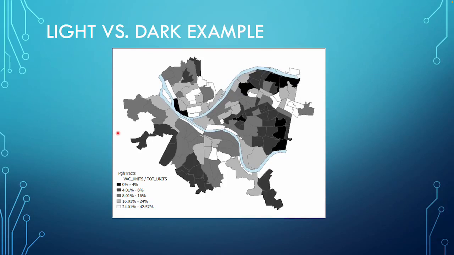If we look at it this way, all right, what are we emphasizing now? Where there's less, the places that are mostly full of people. Okay. So which map would you want to use if you wanted to argue that we needed to build more houses in a particular place? Should we use this one?